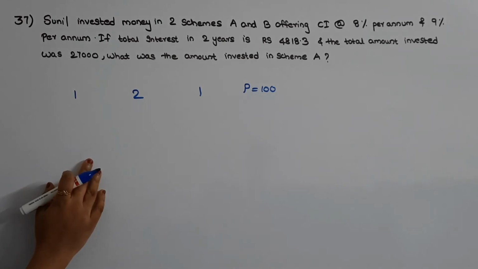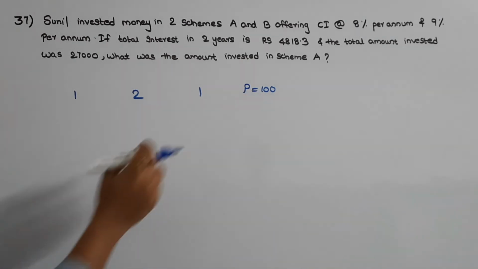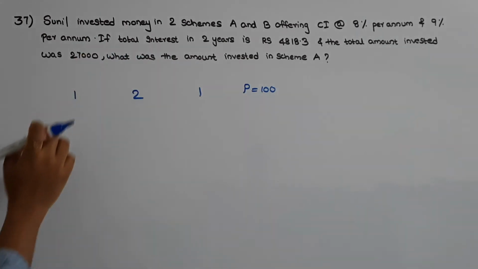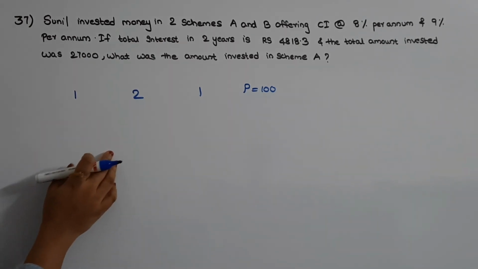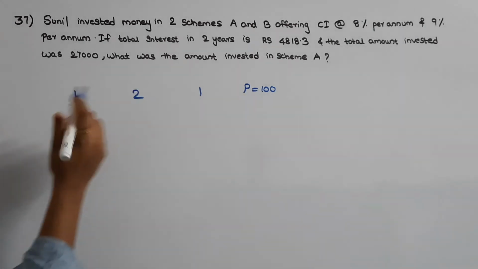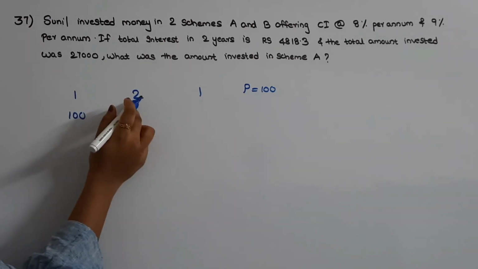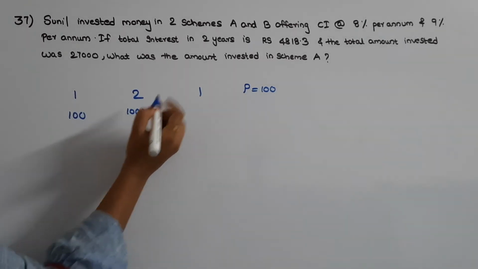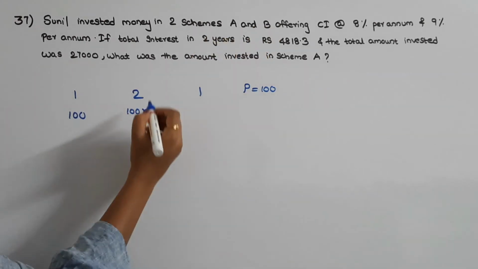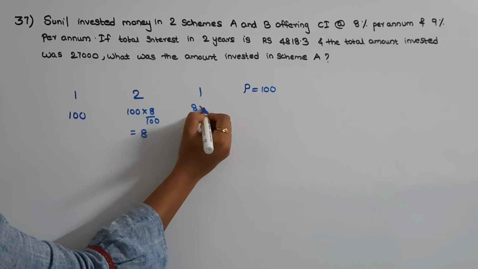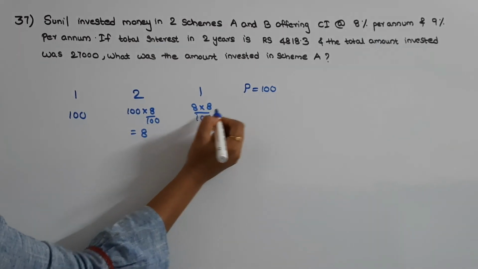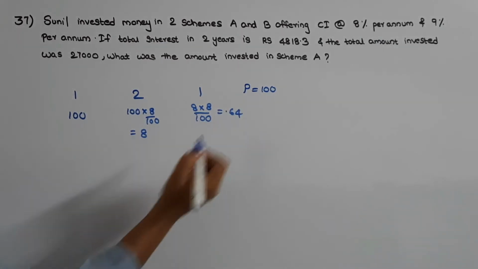But for easy calculation, I am taking principal as 100 and then I will convert it for principal 27,000. So let us see how we can do this. Below this I am writing 100, then 100 into 8 by 100. In the first case the rate is 8 by 100, that is equal to 8. Then this 8 into 8 by 100 is equal to 0.64.